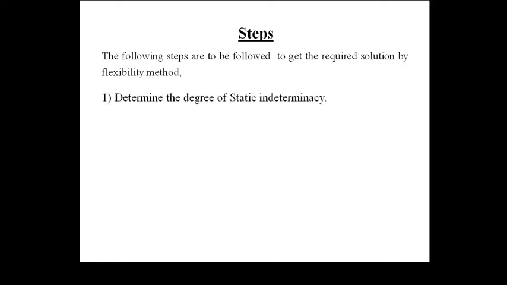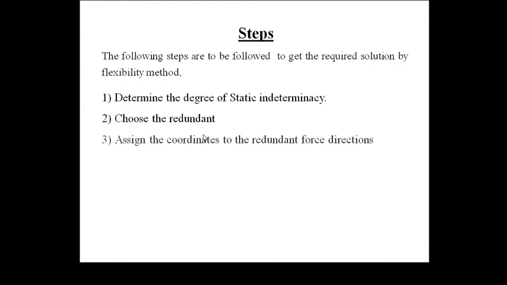Determine the degree of static indeterminacy. First we find out the degree of static indeterminacy. Then the second step is to choose the redundants, in a member or support, whatever it may be in the truss.